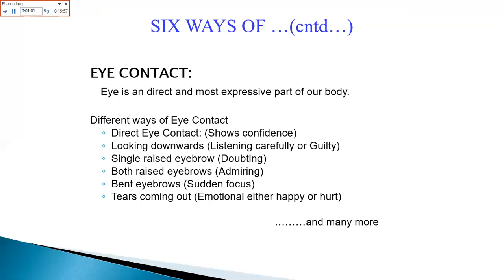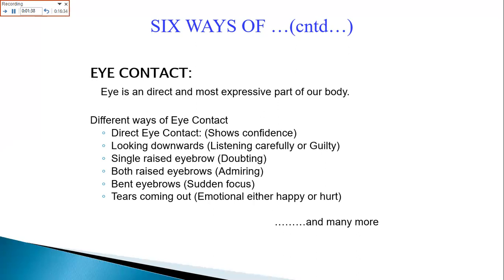Third one is single raised eyebrow. When we do this thing, we show the doubting. Fourth one is both raised eyebrows. When we raise eyebrows, we show admiring on such specific point.